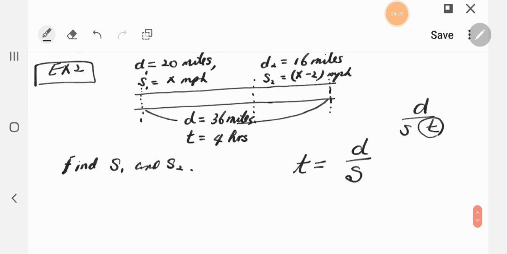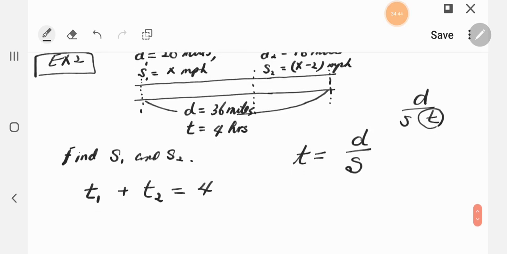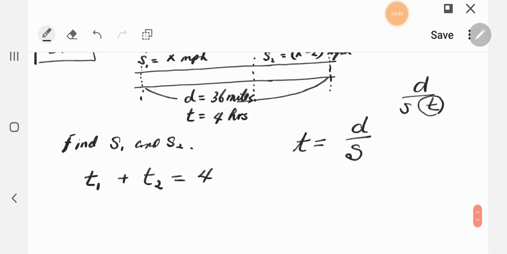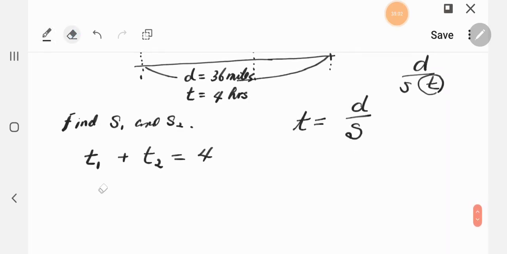So the time for the first section plus the time for the second section is what? 4 hours, because it took 4 hours to ride the bicycle for these two distances, 20 miles and 16 miles. So for the first section, the time is distance over speed.